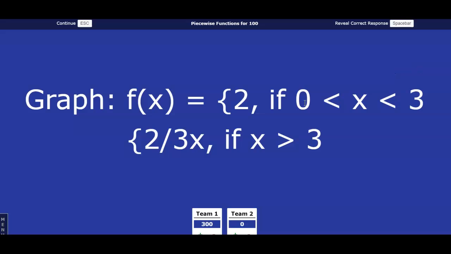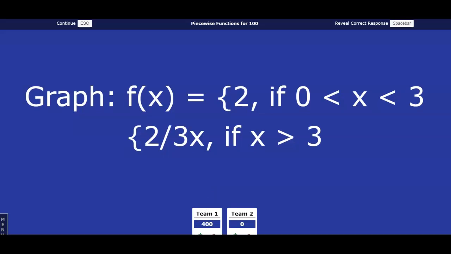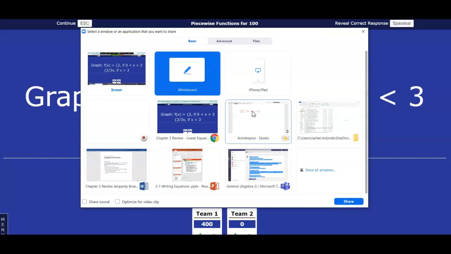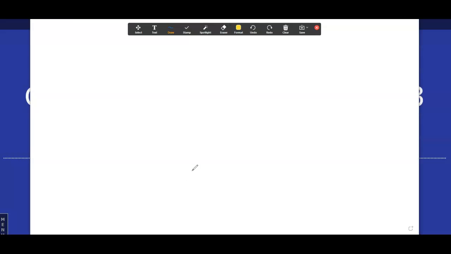Alright, so I'm going to give team 1 the 100 points, but I want to talk about this. We're making this very, very difficult. So for this equation, let me get out a whiteboard. I have no idea where my pen is, so we're going to do this with my finger.